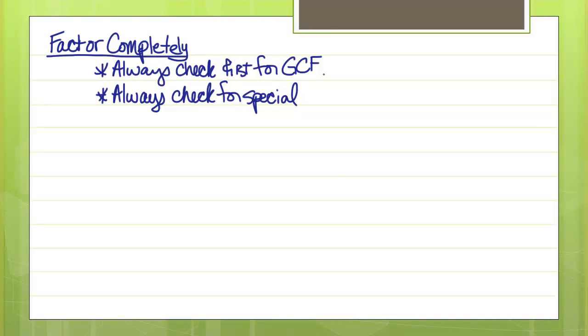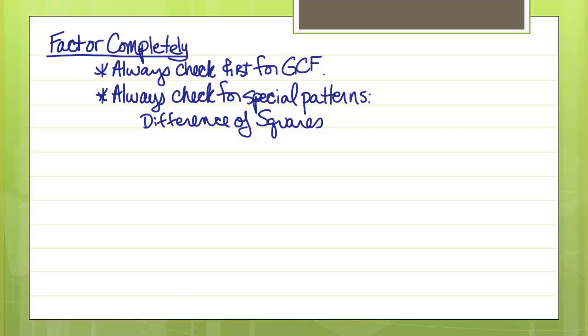So we're going to review what our previous special patterns were, and we're going to learn a couple new ones. The previous special patterns we had were difference of squares, and that was like x squared minus y squared, where our answer would be x plus y times x minus y.